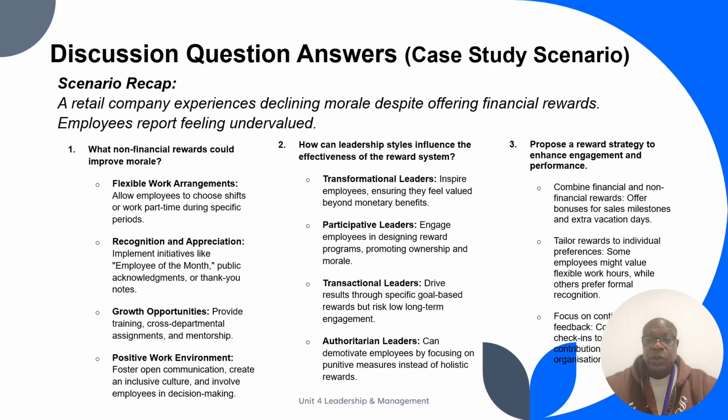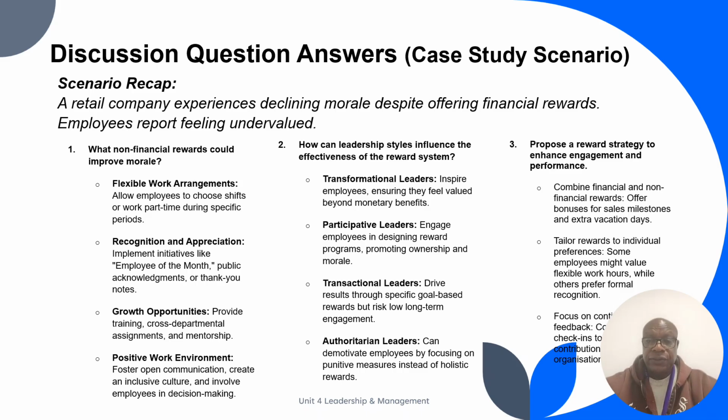Okay, and number three, propose a reward strategy to enhance engagement and performance. The strategy could be a combination, a kind of hybrid. Think about financial and non-financial rewards: offer bonuses for sales milestones, an extra vacation day, for example. There's quite a variety of things you could do. You could tailor rewards to individual preferences, but not every worker prefers money. Some require flexible work.